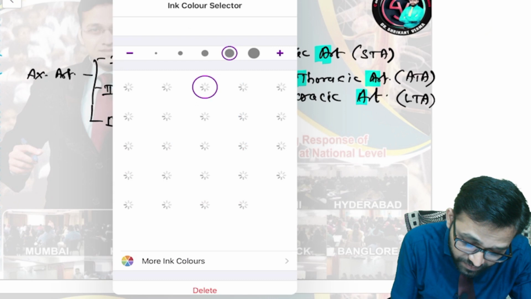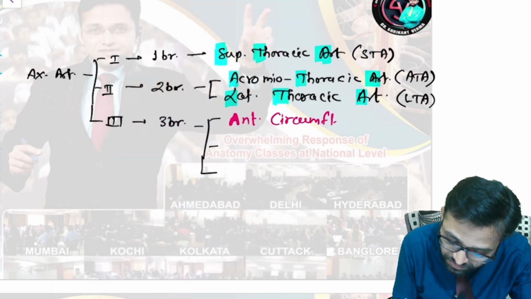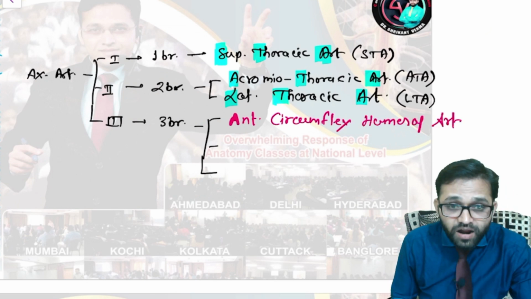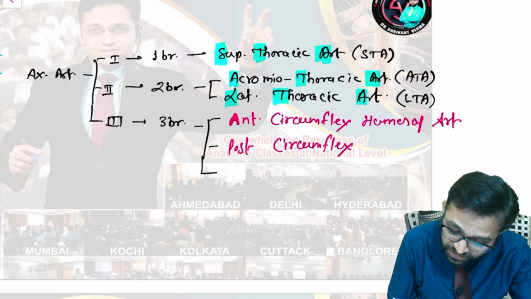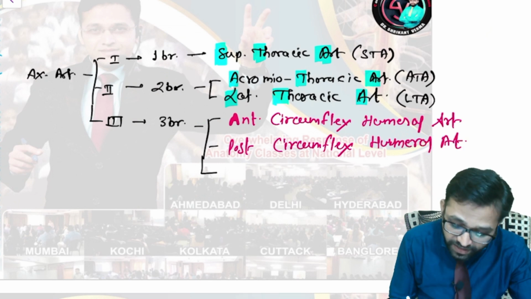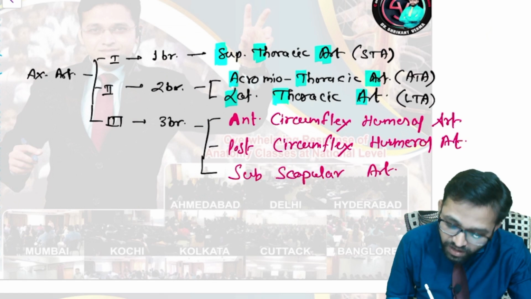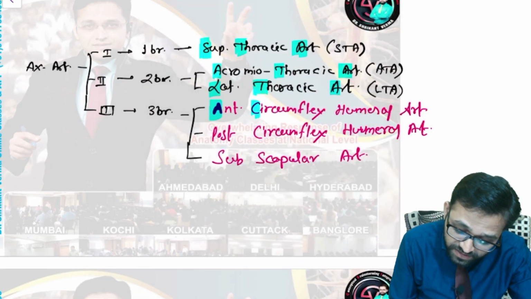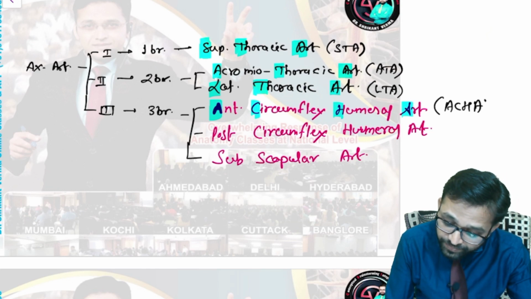So anterior circumflex humeral, posterior circumflex humeral, and subscapular artery. Okay, so what should be the nickname? ACHA, in short, ACHA, acha.